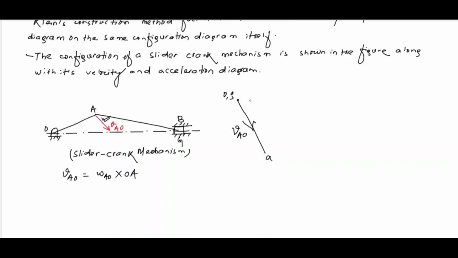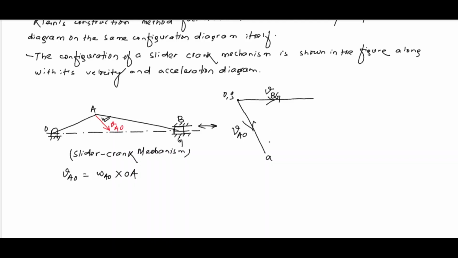Okay. The next step is to indicate the velocity of this point B with respect to the fixed guide. Okay, which is of course in horizontal direction. Okay, because the slider always moves inside the guide in horizontal axis. So we'll draw a horizontal line indicating the direction of point B with respect to G, whose magnitude is unknown to us.